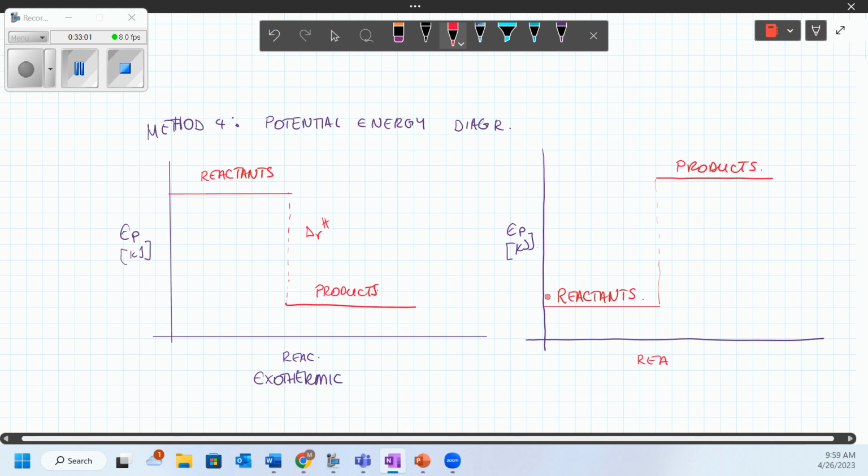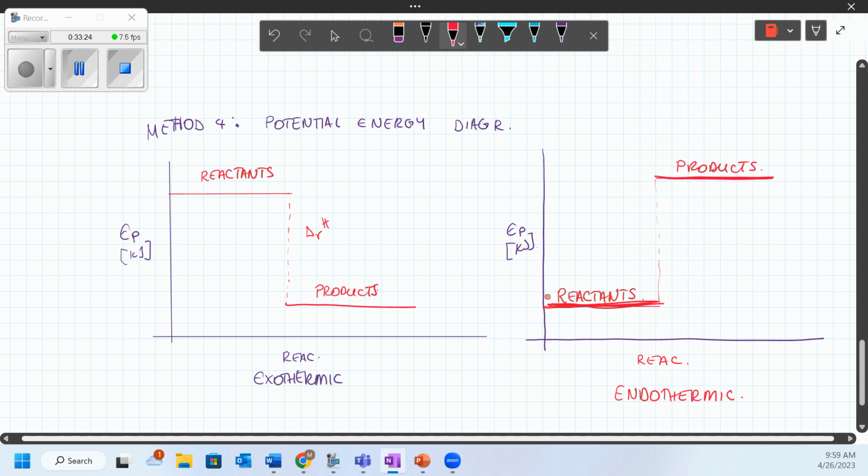And here we have the reaction. This type of graph, where the potential energy of the reactant is less than the potential energy of the product, is known as an endothermic reaction.